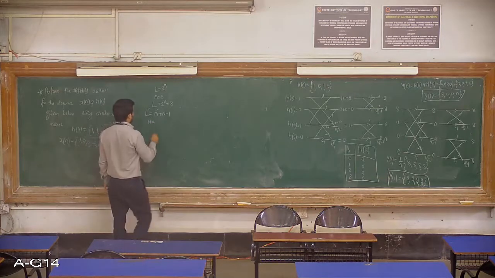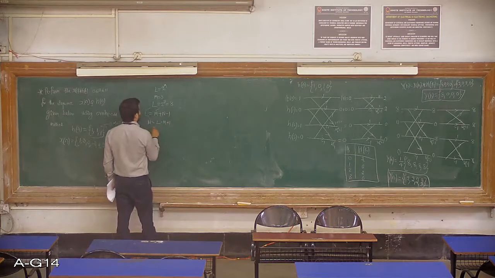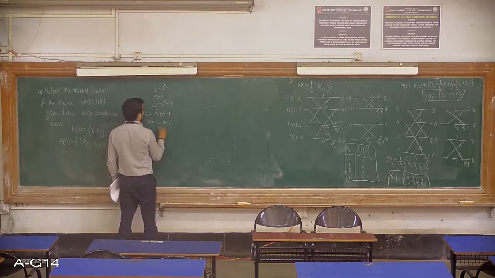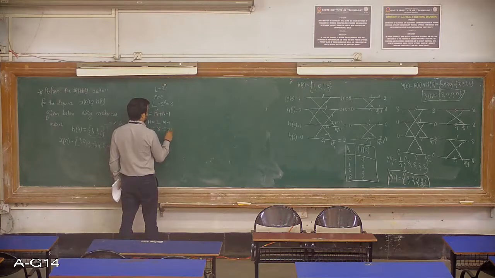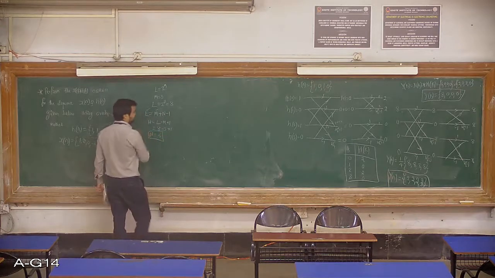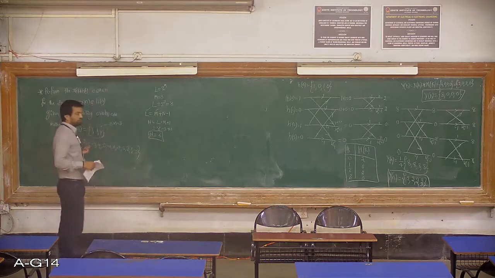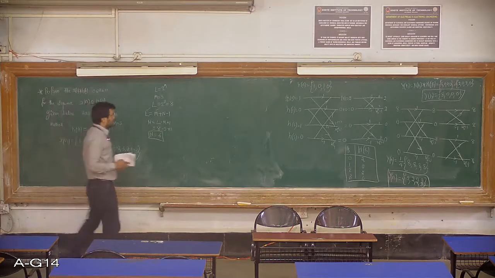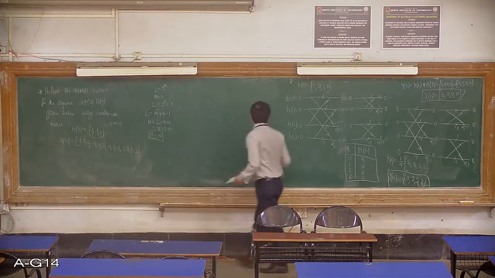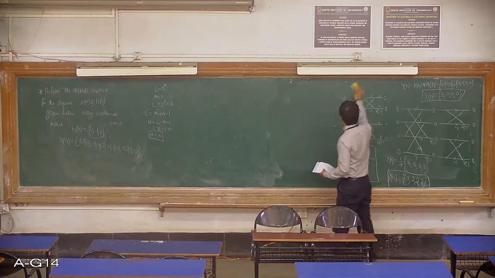So N is equal to L minus M plus 1. So L is 8, M is 3, plus 1, so 9, 9 minus 3, 6. So N is equal to 6. Means out of 8 values, 6 values we have to choose from the x of n at a time.